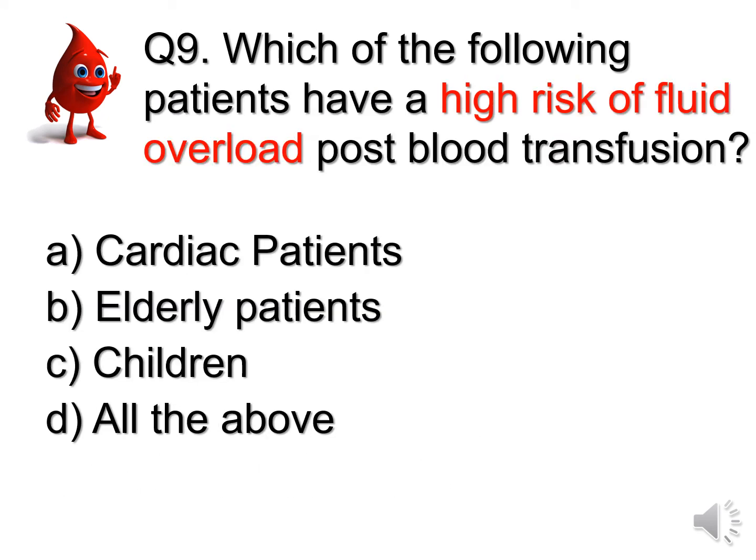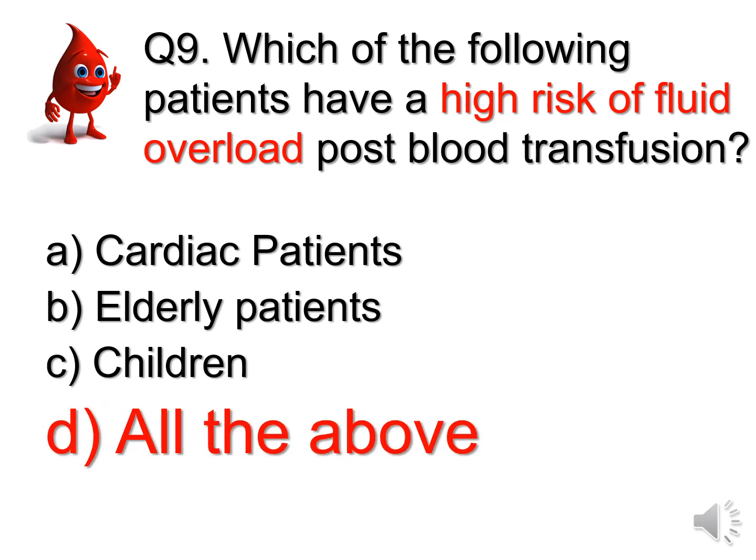Which of the following patients have a high risk of fluid overload post a blood transfusion of packed red blood cells? Cardiac patients, elderly patients, children, or all of the above? The correct answer is all of the above. Neonates, pediatrics, geriatrics, cardiac comorbidities, renal comorbidities, pulmonary comorbidities.